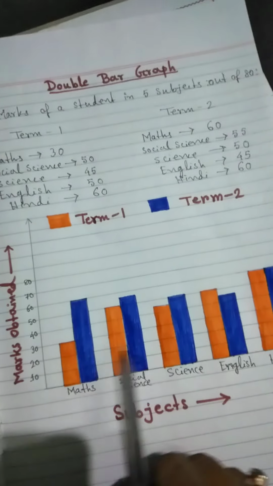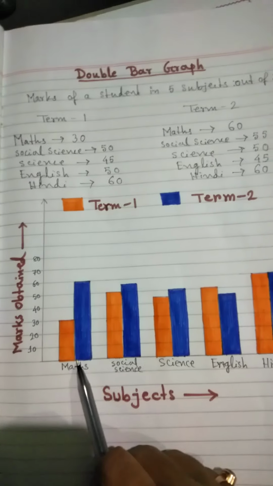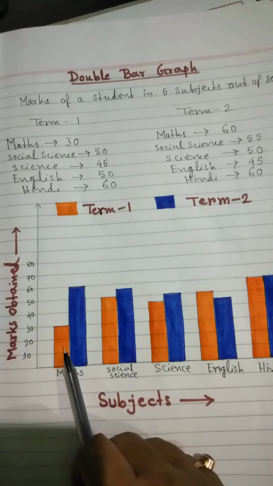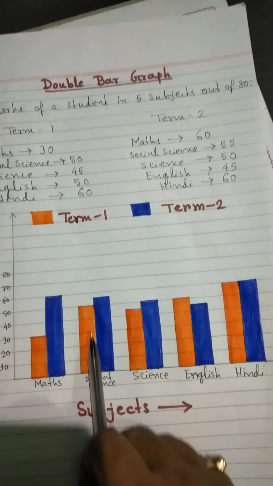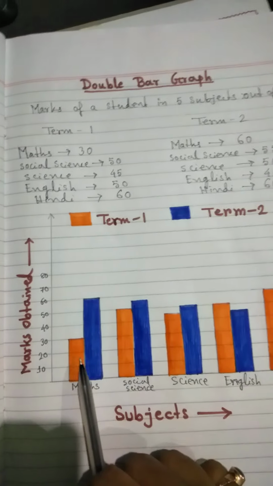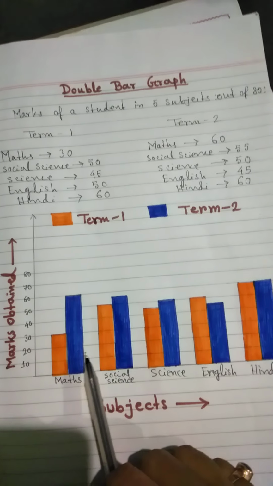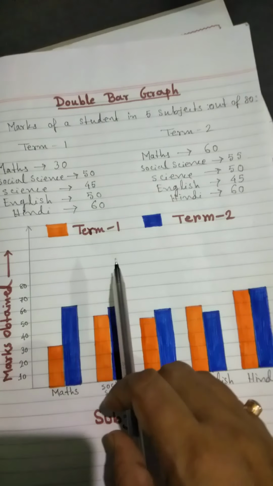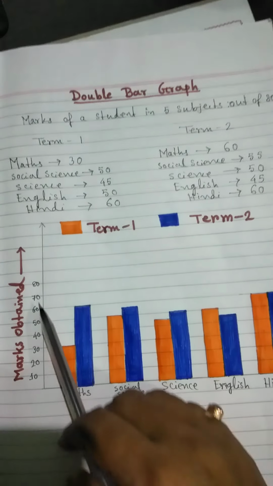So I have represented the marks in these boxes. For maths, this is the term 1 marks, this is the term 2 marks. Here also for social science, this is the term 1 marks, this is the term 2 marks. In this order I have drawn the graph and colored them to represent term 1 and term 2.